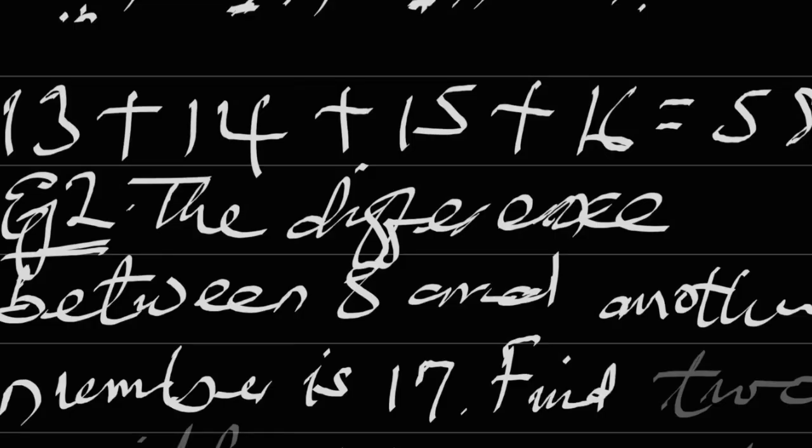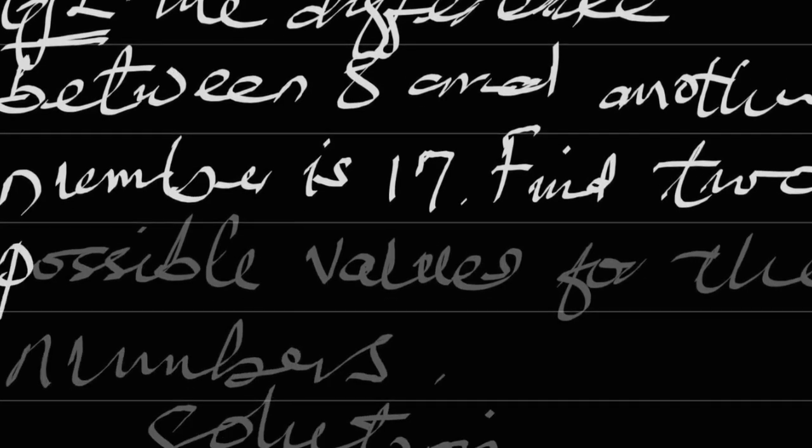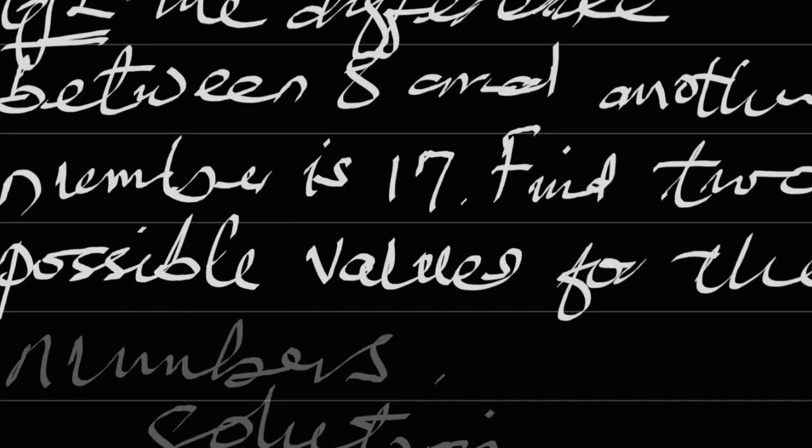Find 2 possible values for the numbers. Yes, the difference between 8 and another number is 17. Solution.